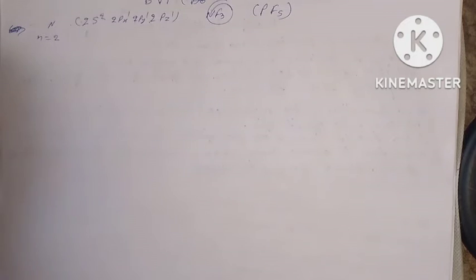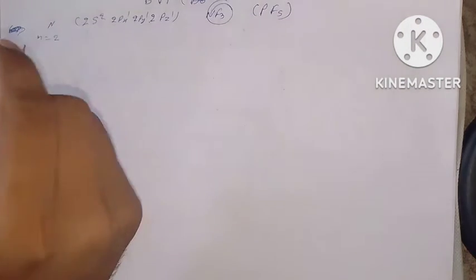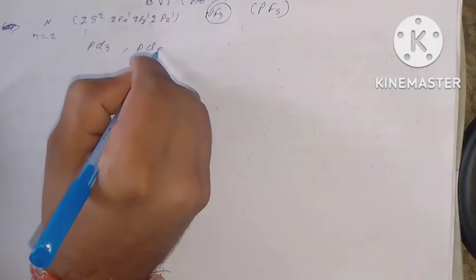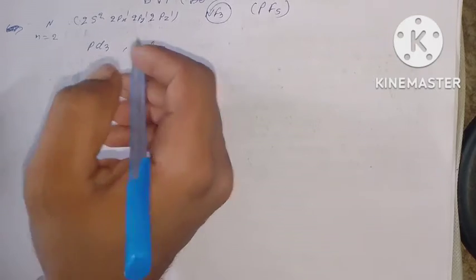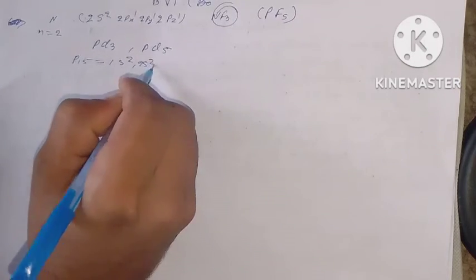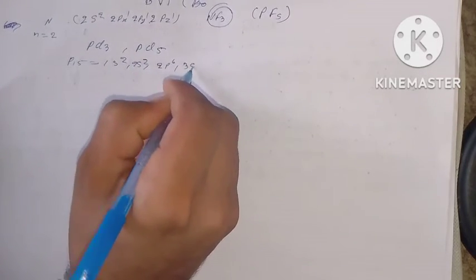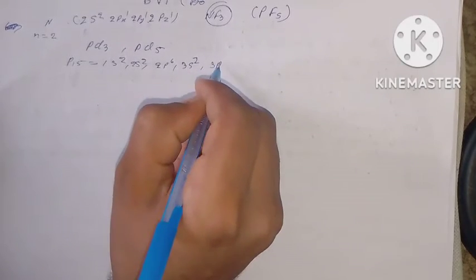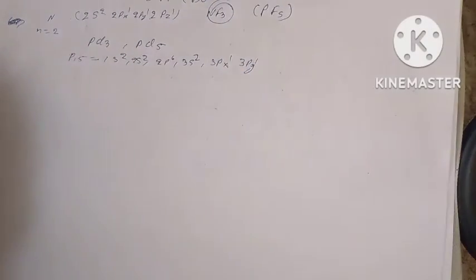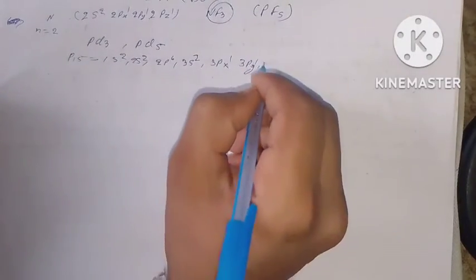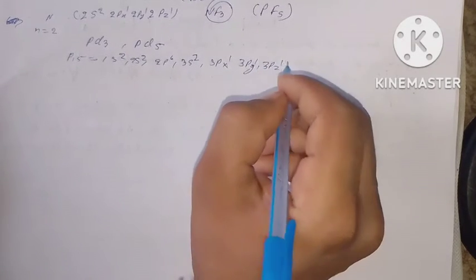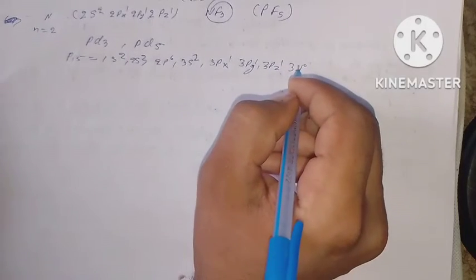But P forms both PCl3 and PCl5. The electronic configuration of P (15) is 1s2, 2s2, 2p6, 3s2, 3px1, 3py1, 3pz1 and 3d0.